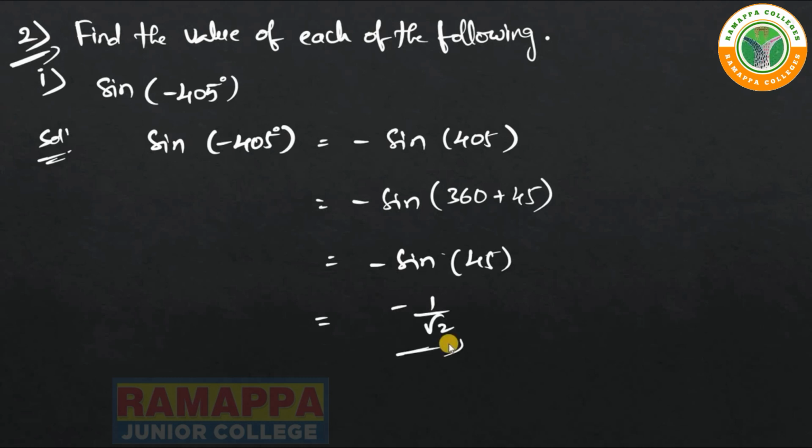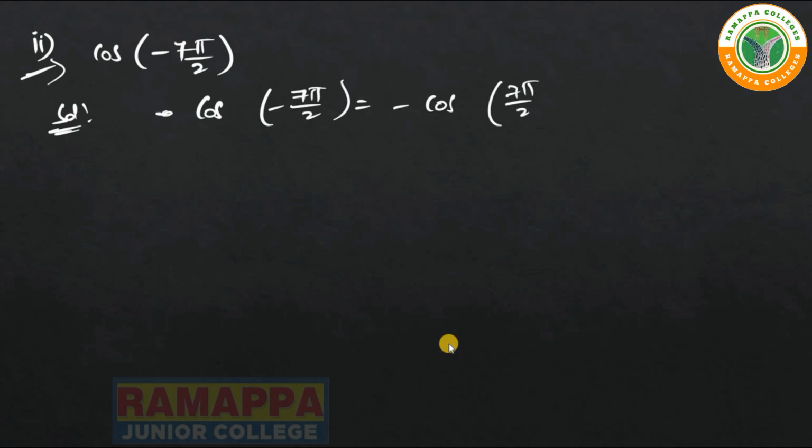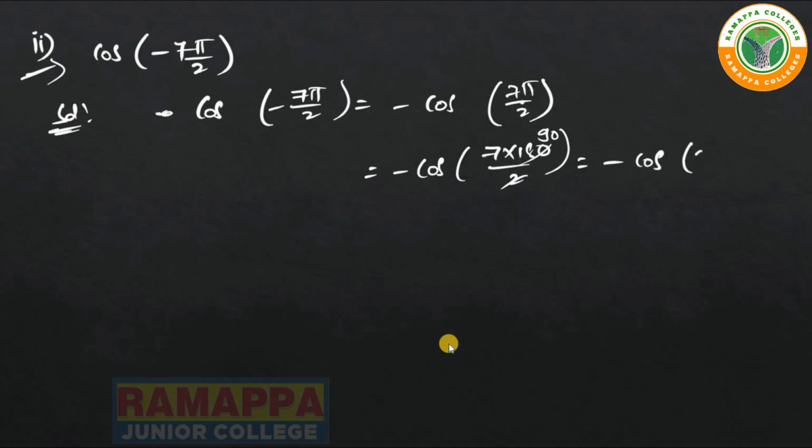Now moving to the next question. The next question is given: cos of minus 7 pi by 2. Solution here: cos of minus 7 pi by 2 will become cos of 7 pi by 2. 7 into 180 divided by 2 is 7 into 90, which is 630. So it will become cos of 630, and 630 we can write as 360 plus 270.